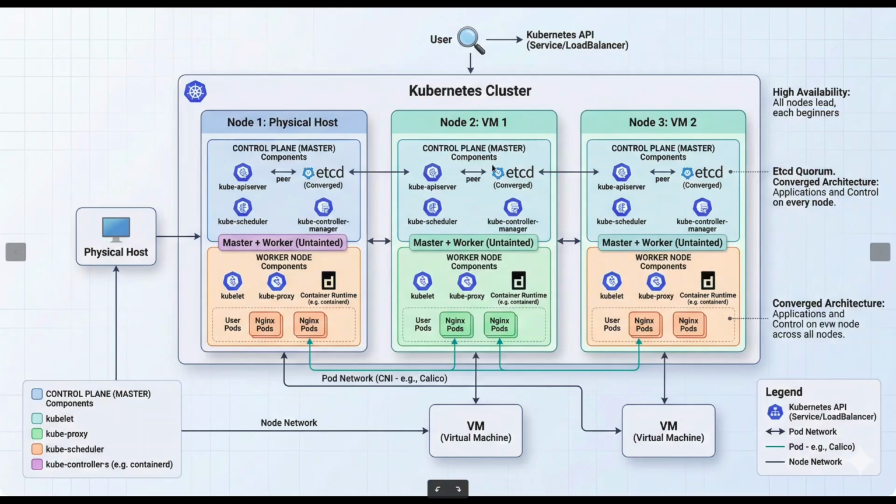Here all nodes will run as a control plane or master, you know that, and at the same time all nodes will also work as a worker node because we will untaint all the nodes. It means every node has its etcd quorum, and this is going to be a high availability setup.